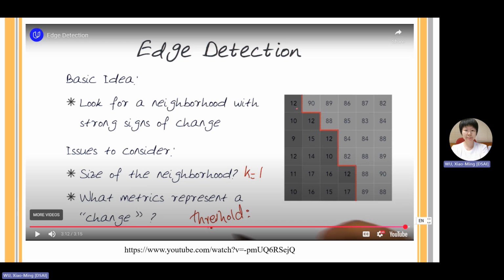Or we may consider the difference between the current pixel, which is 90, and the pixel to its right. If the current pixel is 12, we may also consider its difference with the pixel to its right. So it depends on how you define the neighborhood, how you select the pixel for comparing.